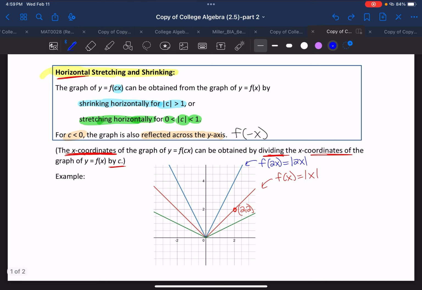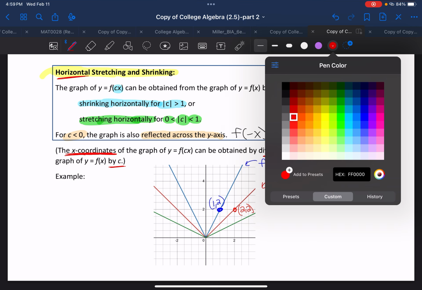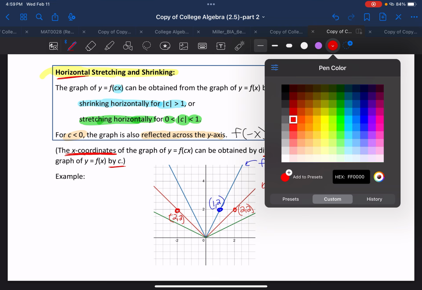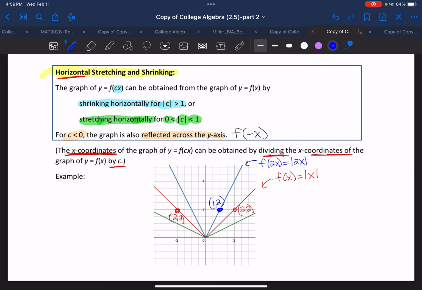So 2 divided by 2 is 1. So that's how we get this point here, 1, 2. And then on the other point, this is negative 2, 2. So if I divide that x value by 2, I get negative 1, 2.